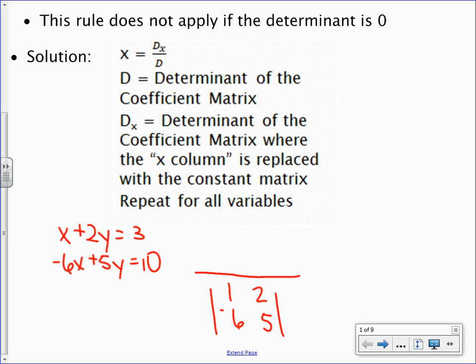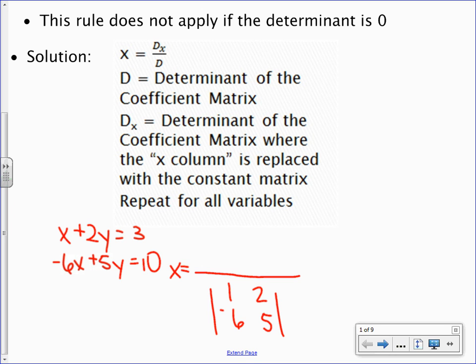Now, if you are solving for x, then in your numerator, you're going to have the determinant of the coefficient matrix, except you're going to replace a column. Since we're solving for x, notice how each column represents a different variable. This first column is our x coefficients.